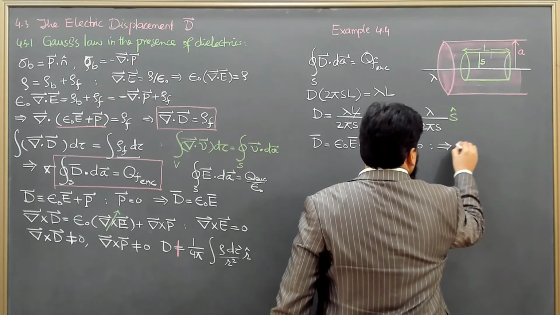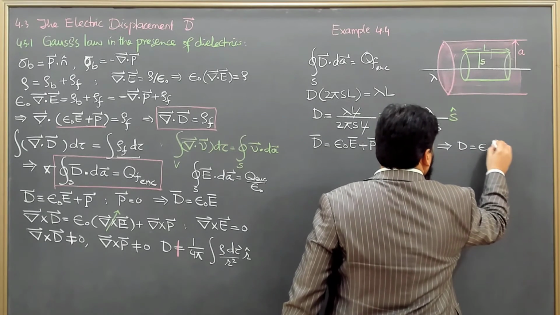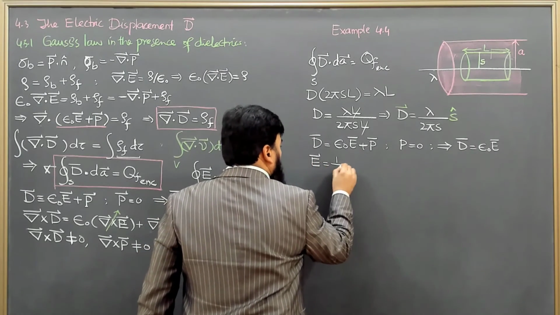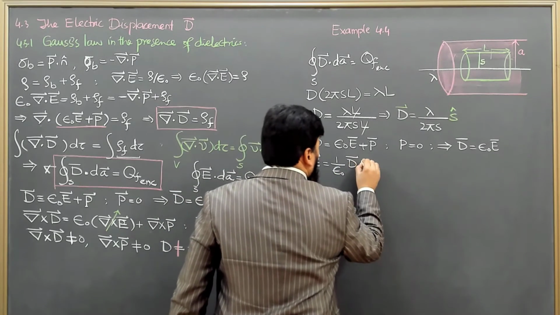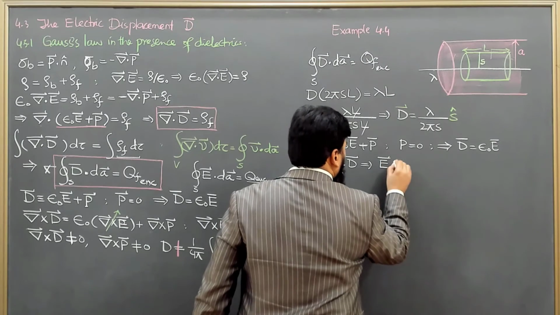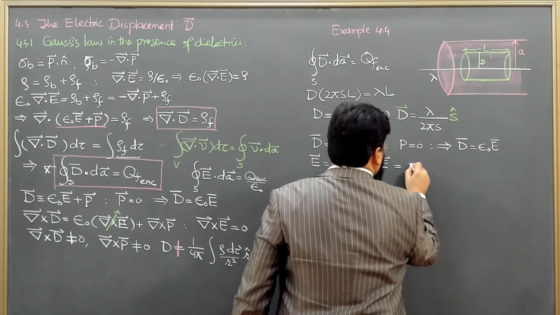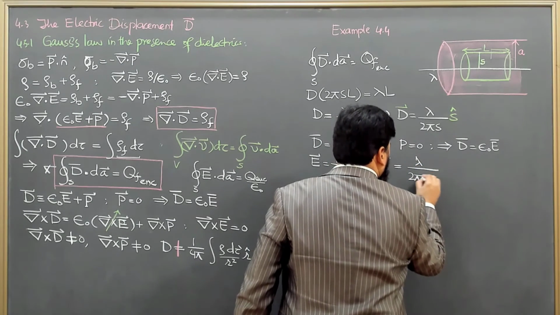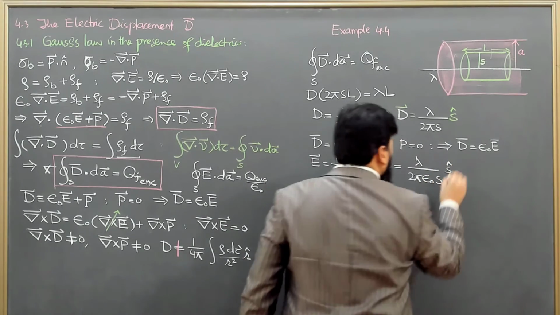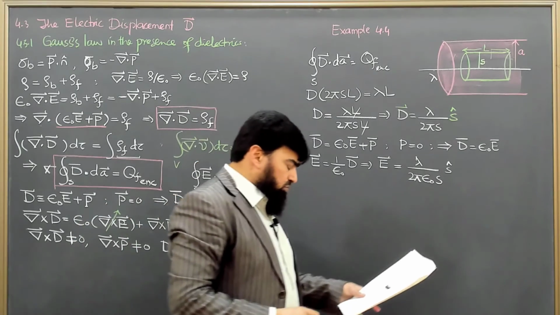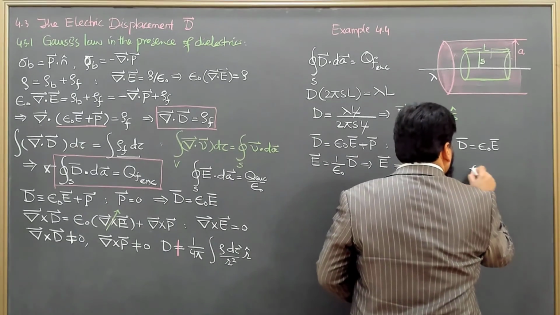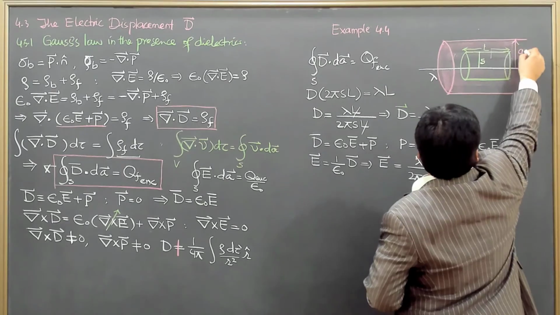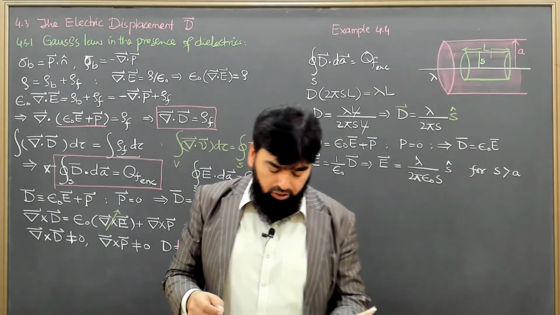So D is equal to epsilon naught E, and E will be equal to 1 over epsilon naught times D. This implies that E comes out to be lambda over 2 pi epsilon naught s, in the s unit vector direction. It is for s greater than A, when s goes out of this insulation material.